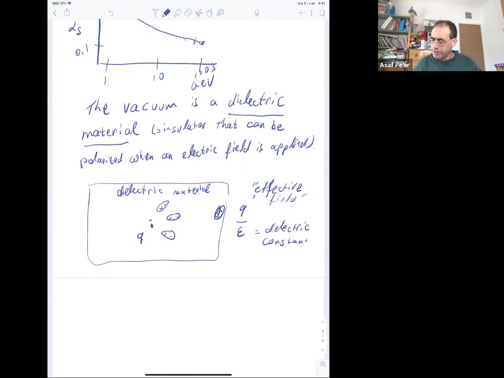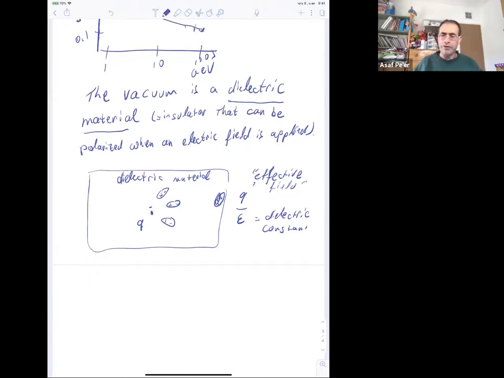Now, another point to note is that if the observer gets closer and closer to the charge, when it gets closer than the size of a molecule, then it feels again the full charge, because there are no molecules that screen it. So effectively, we can think of a dielectric material as producing an effective dependence of the charge on the distance.